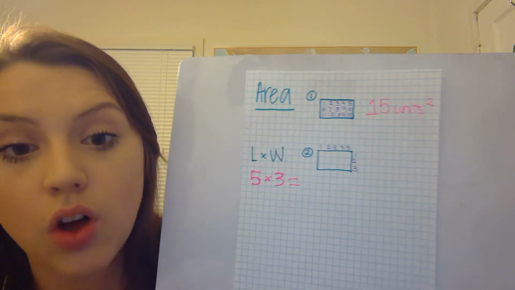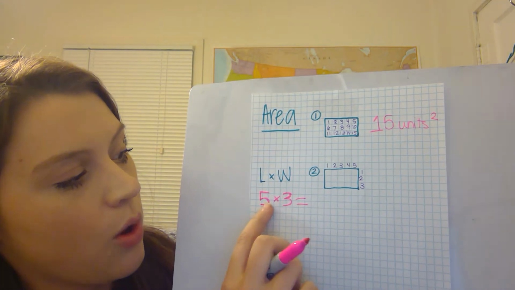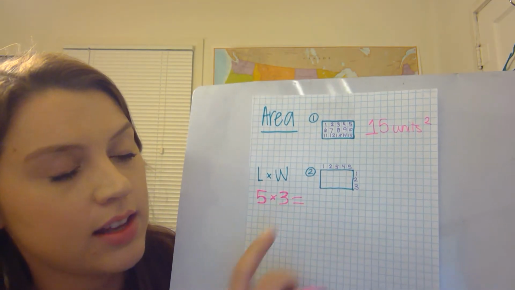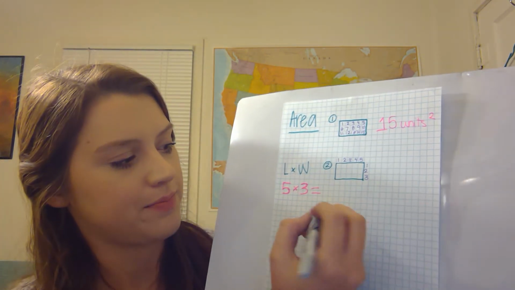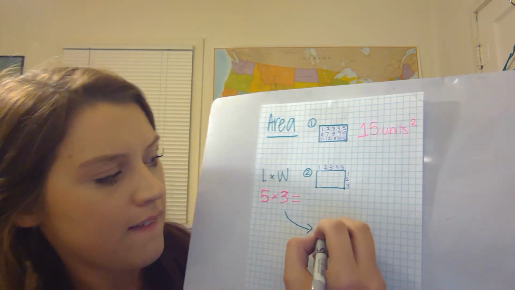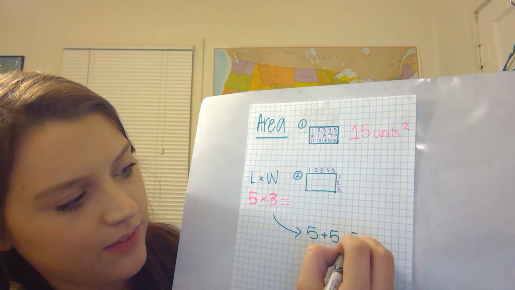Now we can solve. This is a multiplication problem. We can either solve across, if you know what the answer is, or we can use another strategy, like repeated addition. So let's do that down here. 5 plus 5 plus 5.